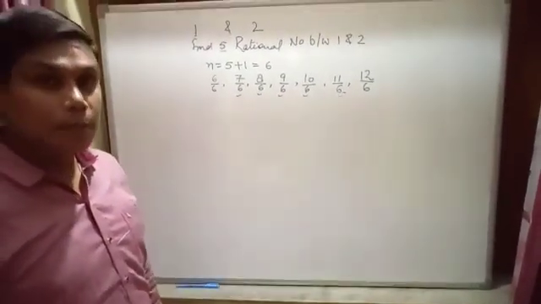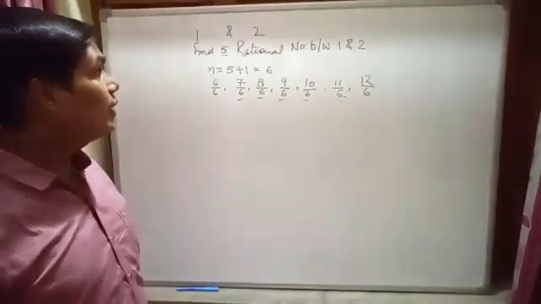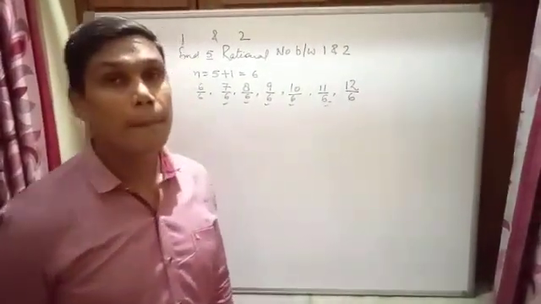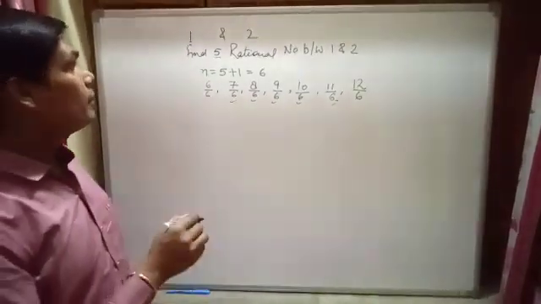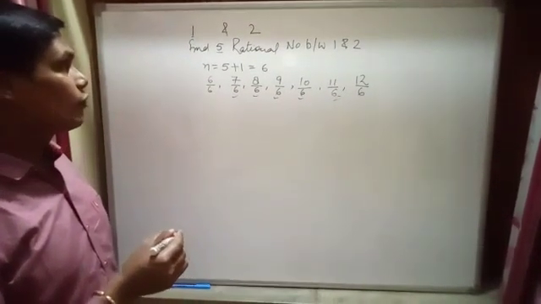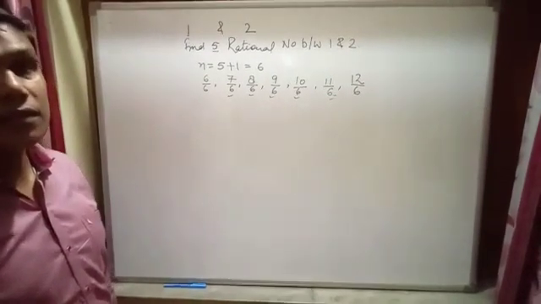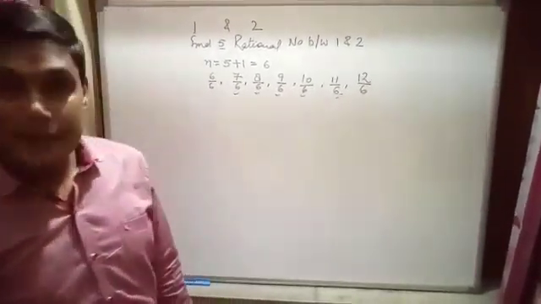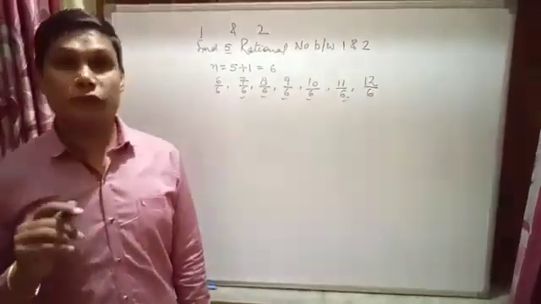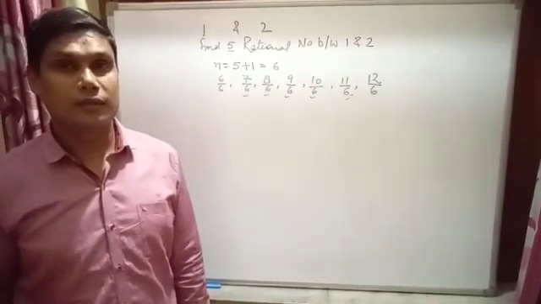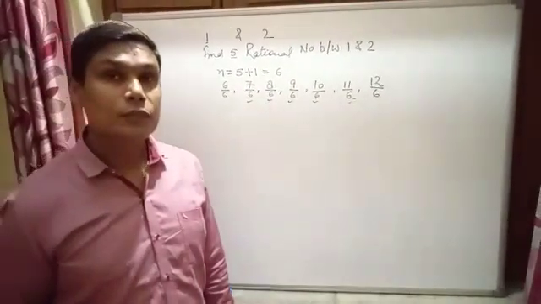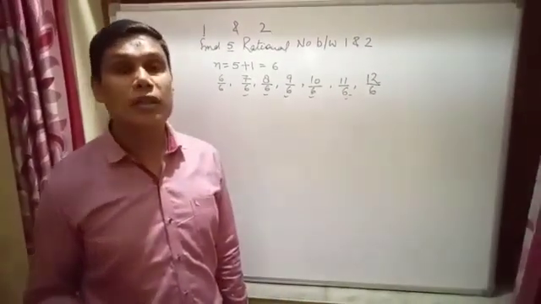This is a very simple process to find the rational numbers between the two given numbers. There are the two numbers 1 and 2. You have to find the five rational numbers between these. Then what will you do? Simply the numbers which you have to find plus 1. You have to find five numbers between them, so add 1 to this number.